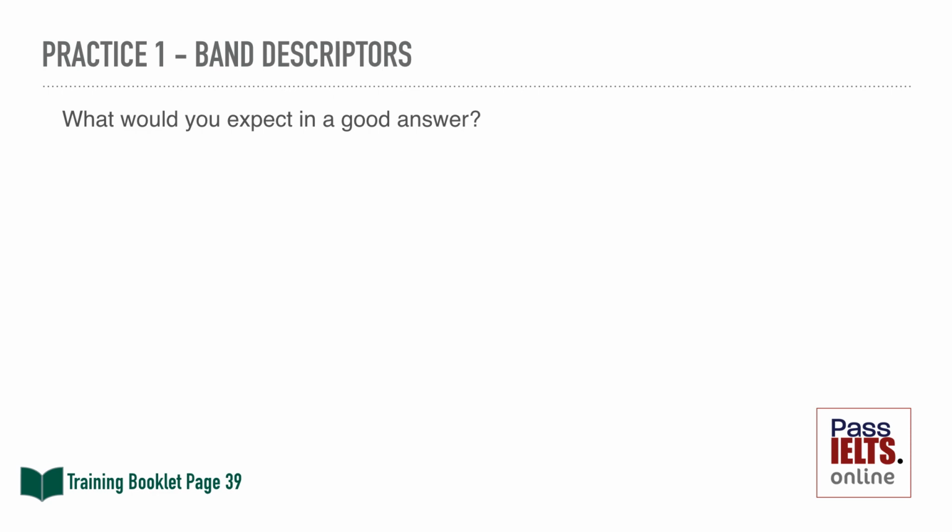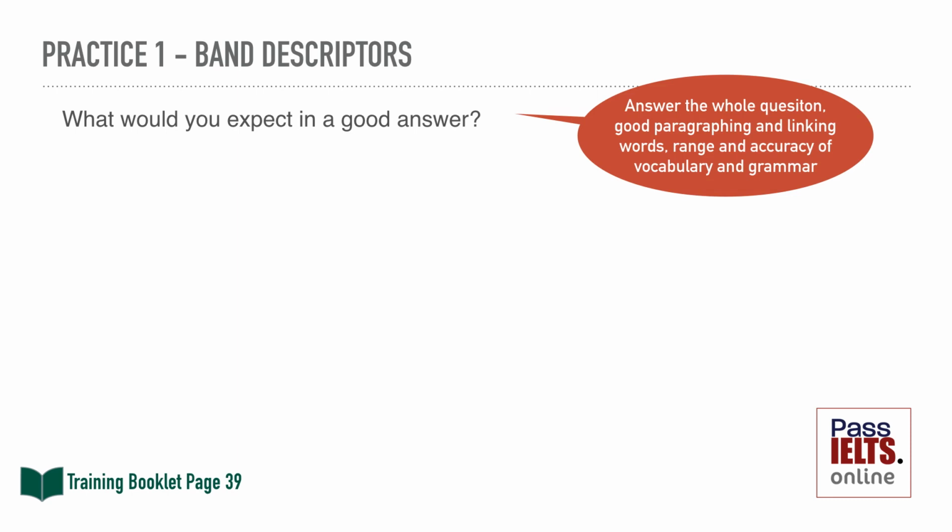The examiner will be looking for things like this: that you have answered the whole question, that you have good, clear paragraphing and linking words, and that you have a range and accuracy of vocabulary and grammar. Now you can look at the band descriptors in your book and the sample essay and decide what score you would give the candidate. Pause the video here and just start it again when you're ready.